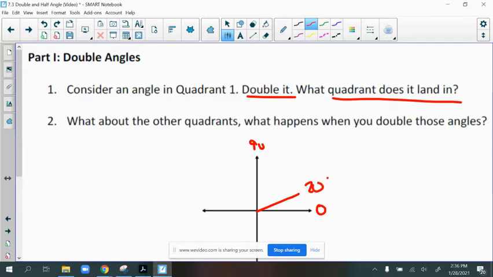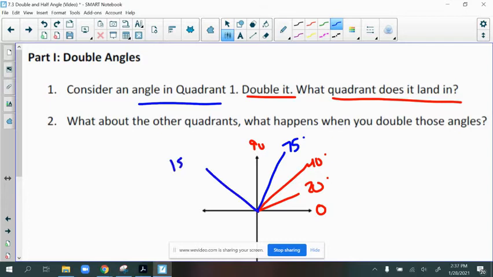If I double it, I would end up with 40 degrees, which would be here. So I'd be in quadrant 1. But let's pretend I picked a different angle, say 75. That's an angle in quadrant 1, and I doubled that. Now I'm at 150, which is actually over here.